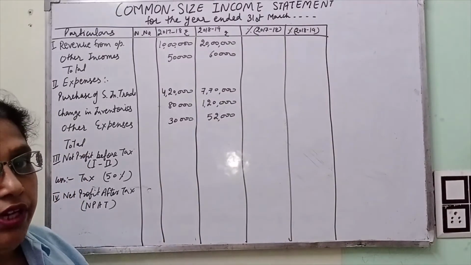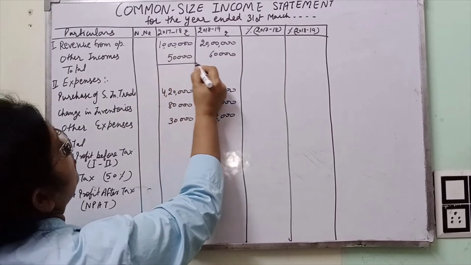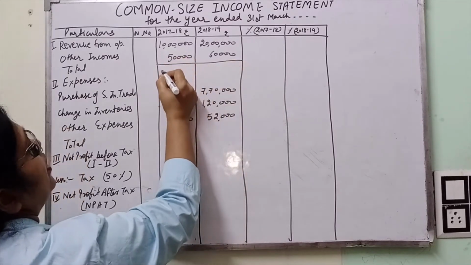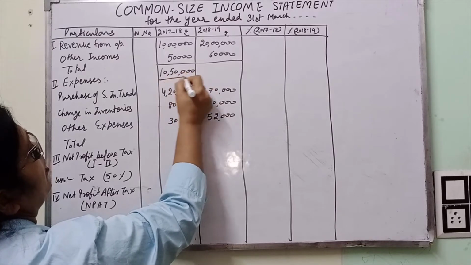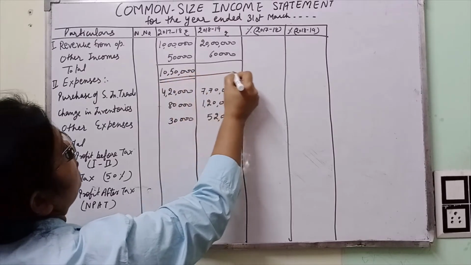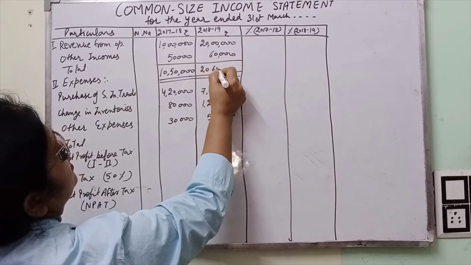Now I am solving it. First of all, we have to make the total of revenue from operation. It comes to 10,50,000. In the same way, for the current year, the total will be 20,60,000.